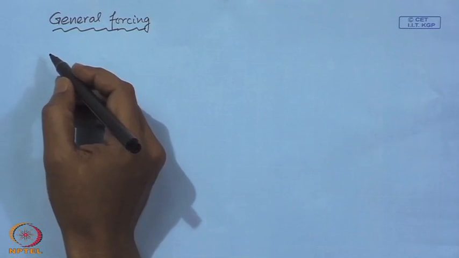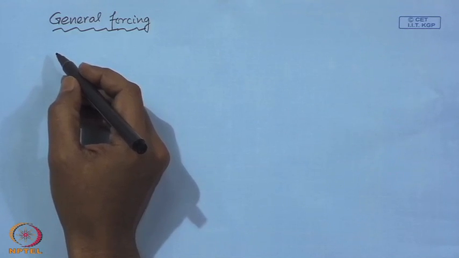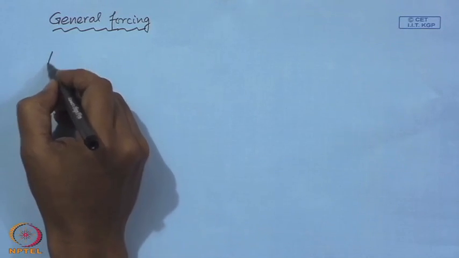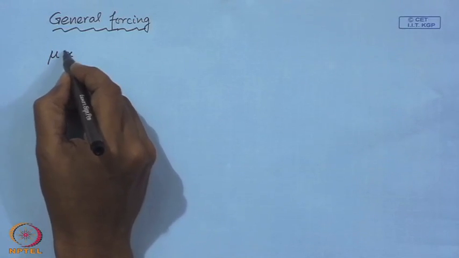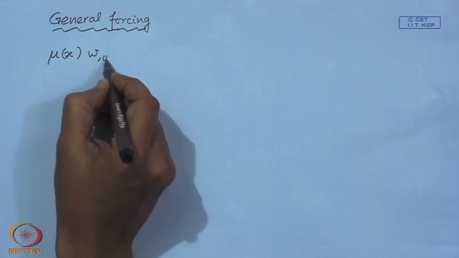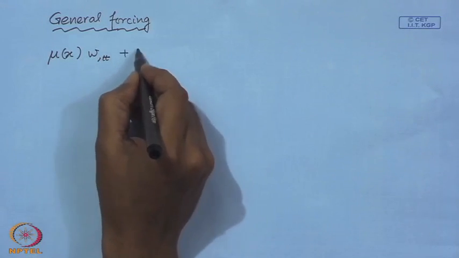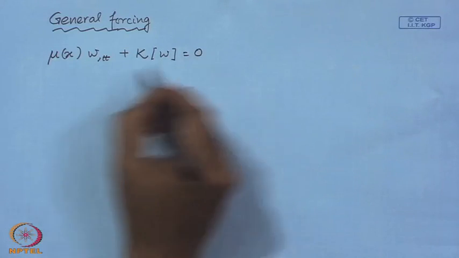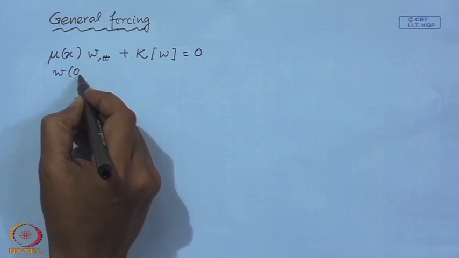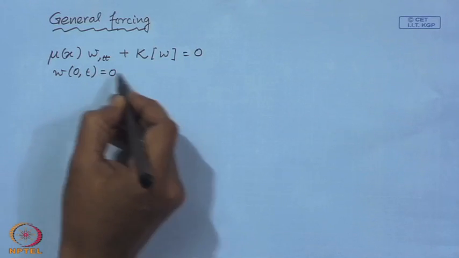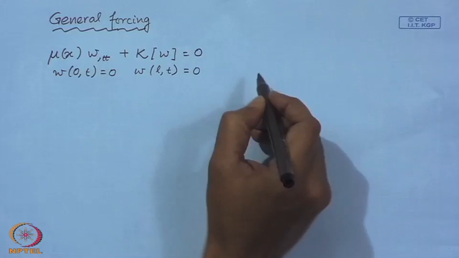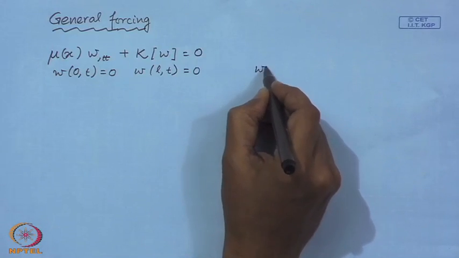So, in one of the previous lectures, you have already seen an initial value problem with certain boundary conditions and initial conditions.